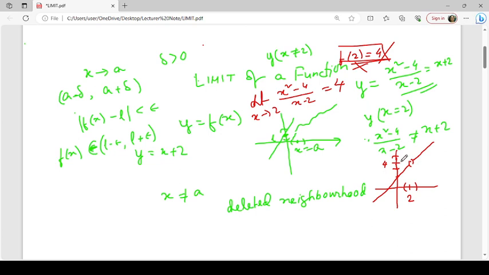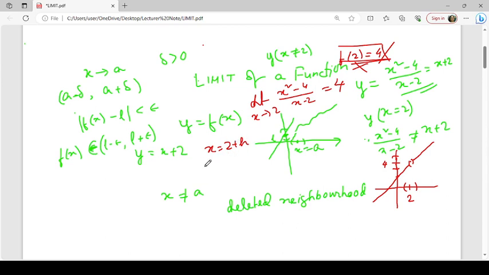So theoretically, to find the limit of a function, we write x is equal to 2 plus h, because x is not equal to 2. h is some very small value.